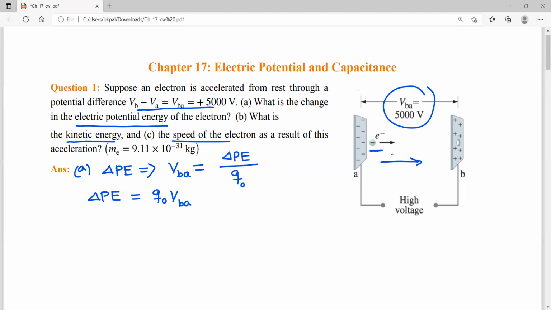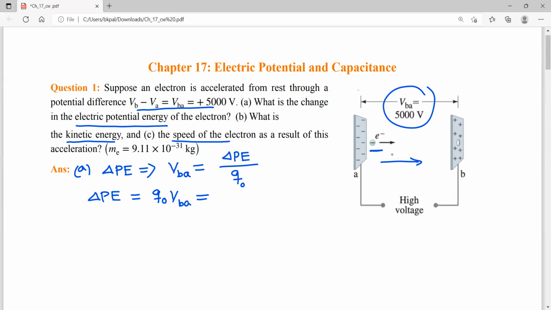Here you see all the quantities are scalar quantities. When all the quantities are scalar, we have to explicitly put the sign of the quantities. For example, electron charge is negative, so we have to make sure that we put a negative sign for the electron's charge.